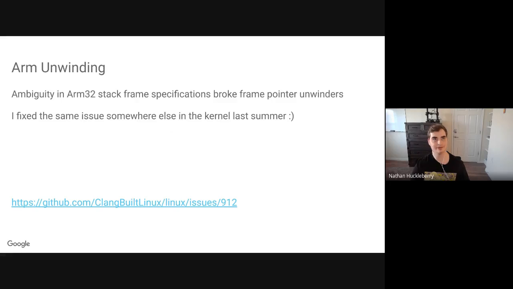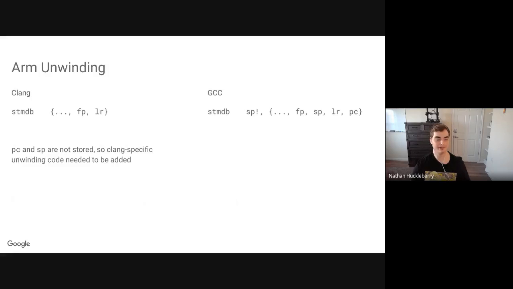Another bug that I had to fix was ARM unwinding. There's an ambiguity in ARM32 stack frame specifications. I actually fixed a similar issue in the kernel last summer. It's essentially the same problem, but in a different stack unwinder. With Clang, it stores only the frame pointer and the link register in function prologues. But with GCC, it stores the frame pointer, stack pointer, link register, and program counter in function prologues.